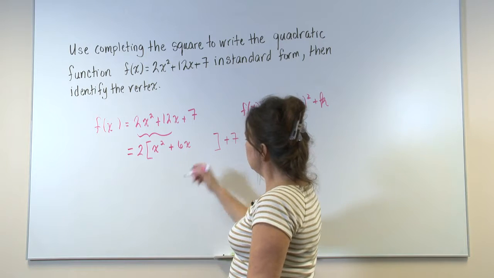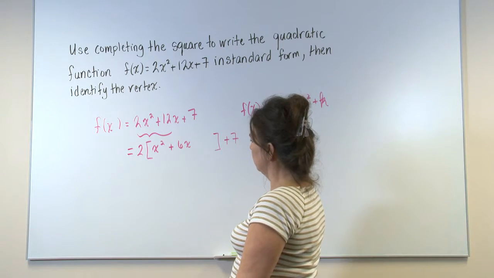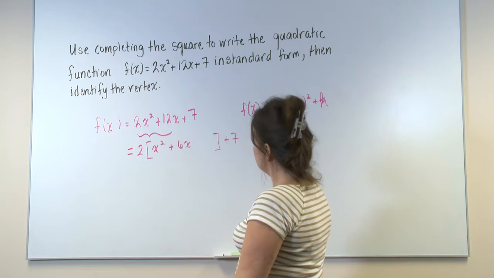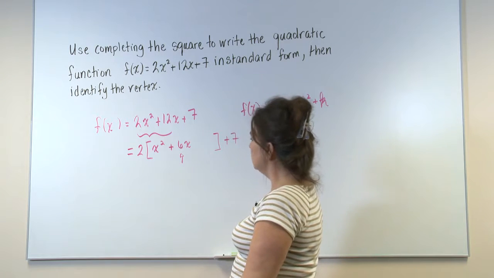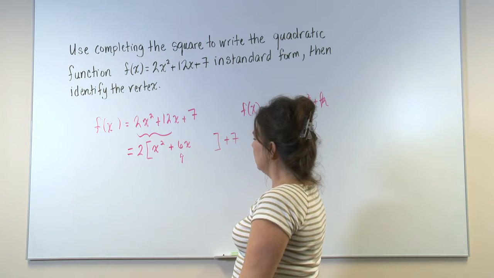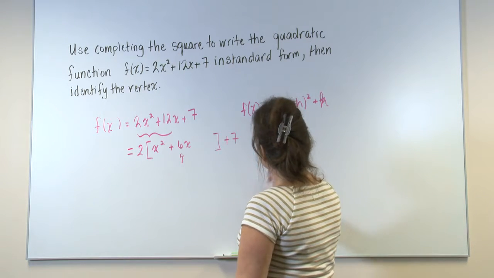Now what I want to do is I want to complete the square within the square brackets. So I'm going to look at the linear term, and the linear term here is the 6x. And I'm going to use the 6 to complete the square.